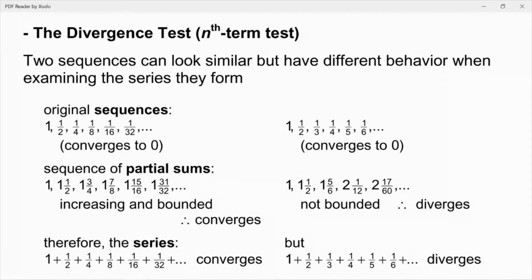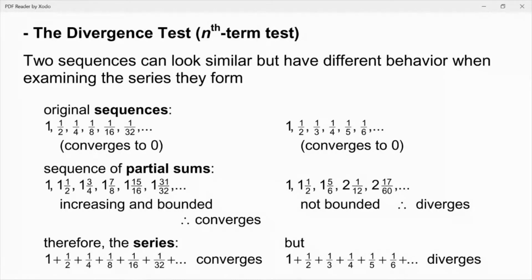The idea behind this is a way for me to know for sure immediately if my series is going to diverge. And it just involves looking at the individual terms. So we're essentially looking at the sequence of terms and seeing if the sequence of terms approaches zero.